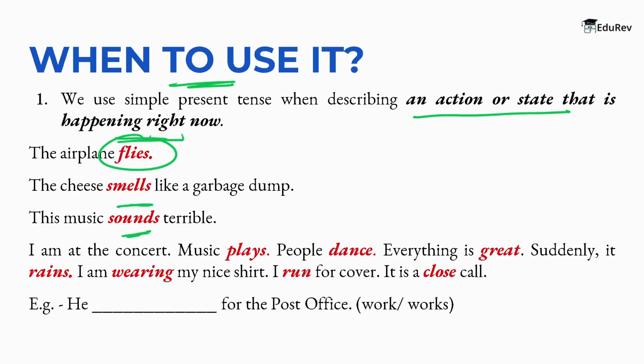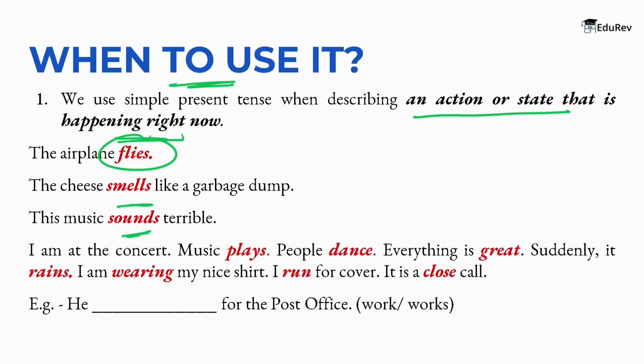For example, a friend might tell you a story like this. Okay, picture this. I am at the concert, music plays, people dance, everything is great. Suddenly it rains and I'm wearing my nice shirt. I run for cover. It's a close call.